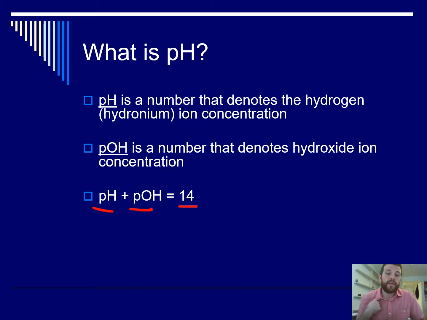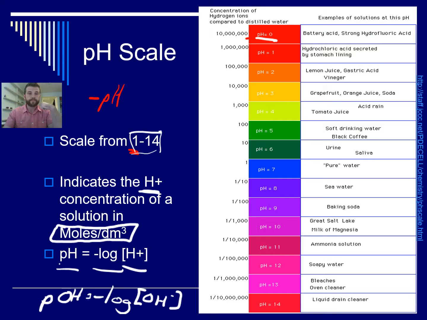So pH plus pOH equals 14, and this is just because of the dissociation of water. I'm going to really dive into the deep part of this on Monday. Right now, just accept the fact that pH plus pOH is 14, and then we'll talk about why on Monday. So it's a scale from 1 to 14.